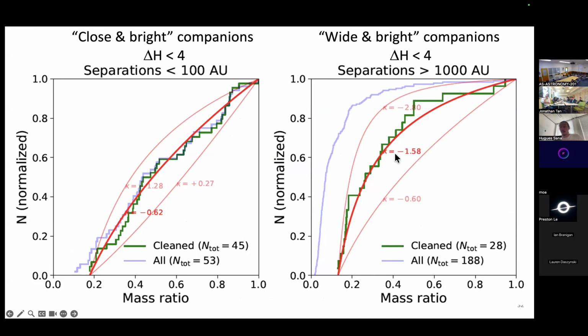So we have many more low mass companions at large separation than at close separation. And the trend is compatible with what you see in spectroscopy, where at very short separation, you have a flat mass ratio distribution, and then you start to steepen the mass ratio distribution.